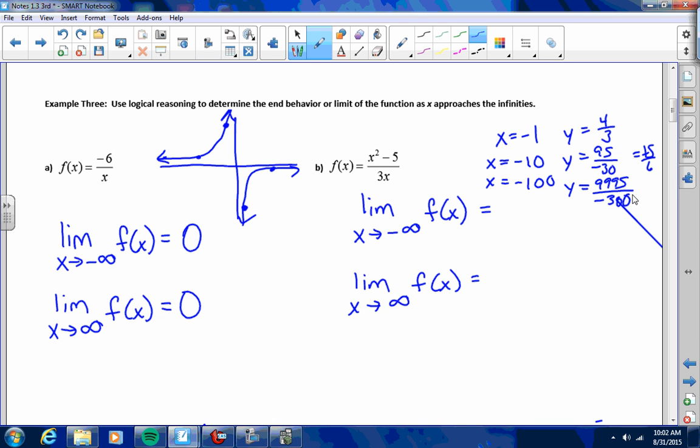Okay, so let's think about this. What's happening to those fractions? Started out at 1 1/3. Now I'm at -19/6. Now I'm at negative 9,995 divided by 300. Where's it going? It started out positive and now it's going negative, so where's it going?